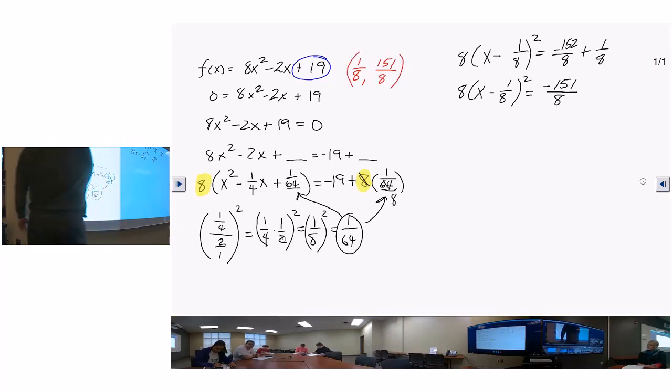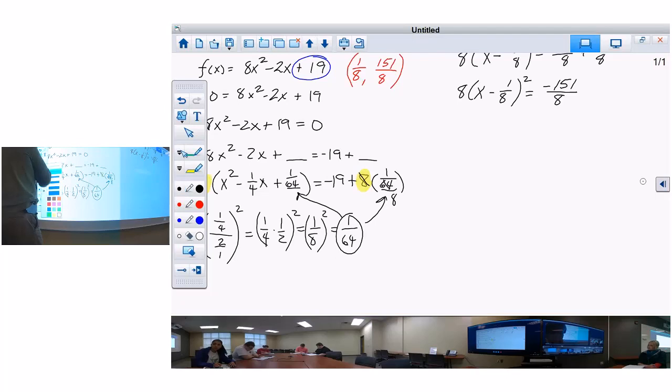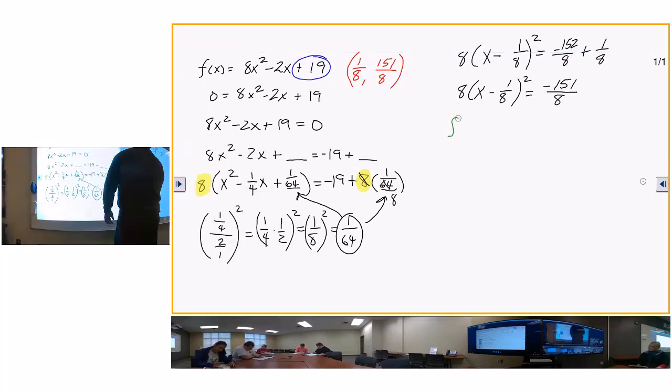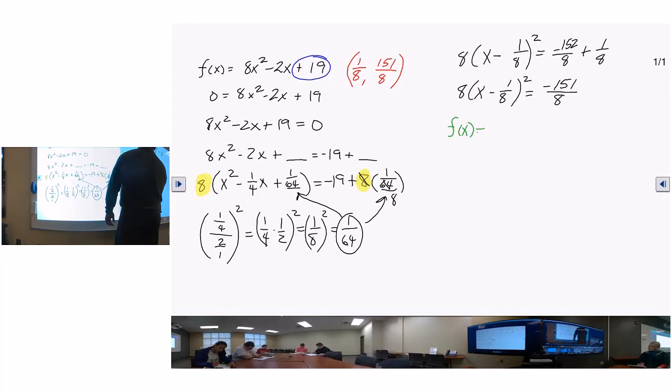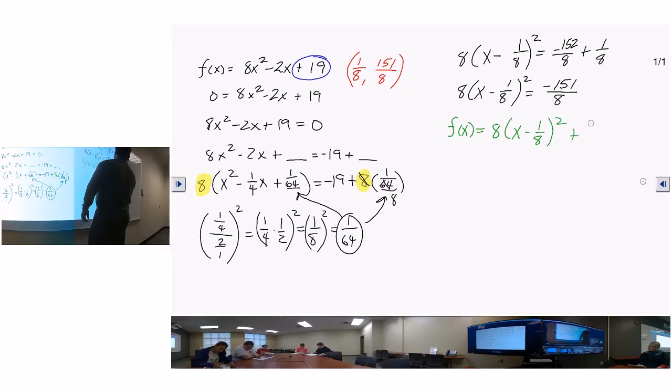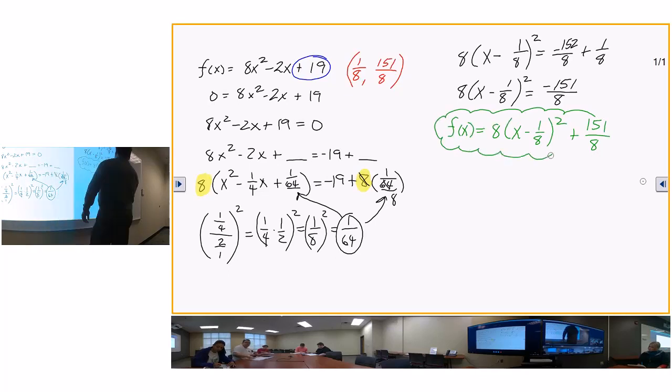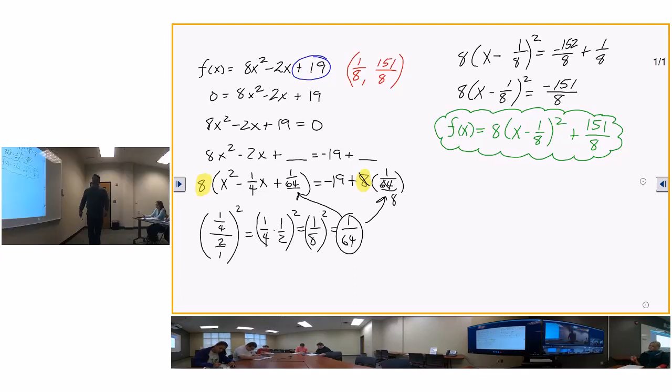Let's go ahead and write this in intercept notation. f of x is equal to 8 times x minus 1/8 quantity squared plus 151 over 8. And let's put that in a little cloud because that may be asked of you on a test or a homework in intercept form or standard form.